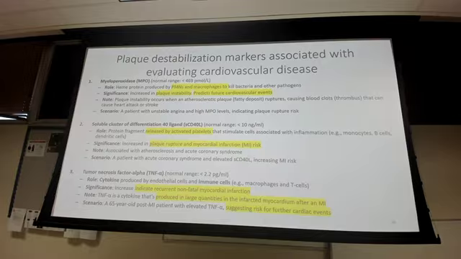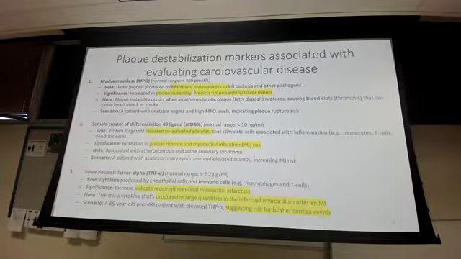The next test is this sCD40L, soluble cluster of differentiation 40 ligand, all right? So this is used during a myocardial infarction risk. And then the TNF, or this tumor necrosis factor alpha, increase in non-fatal myocardial infarctions.